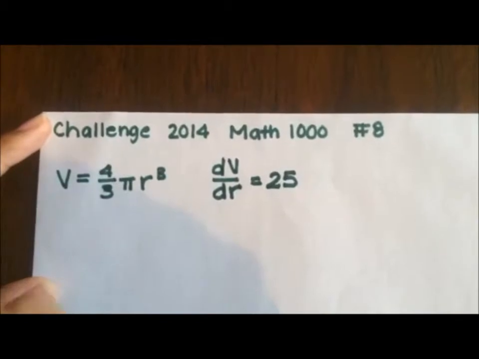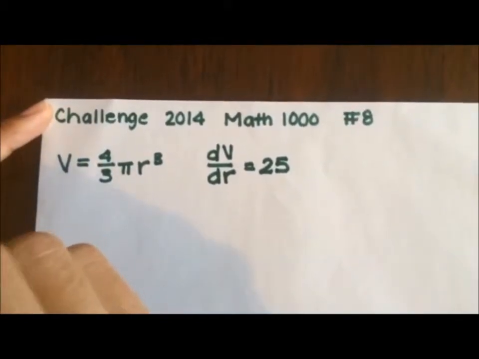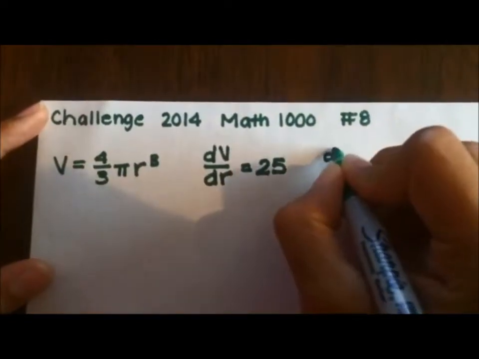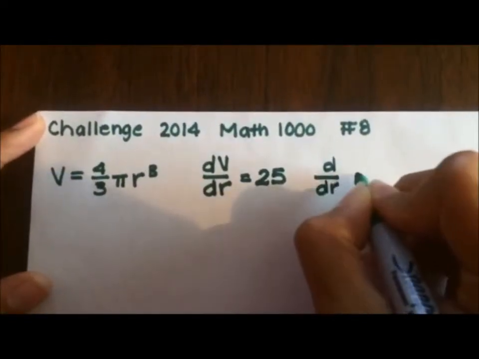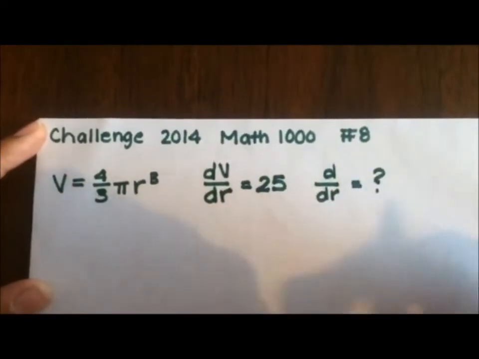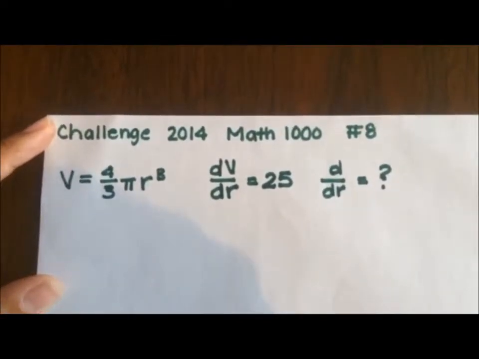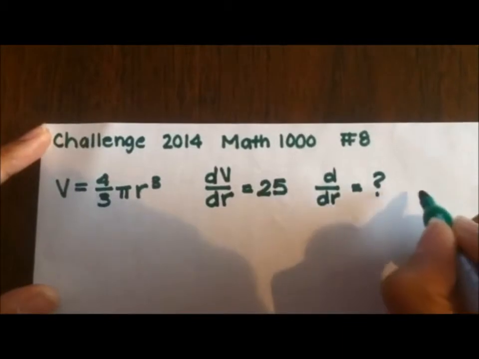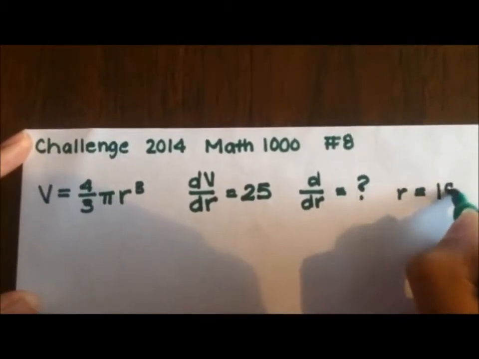Then the question is asking you how fast is the radius changing. So change of the radius is going to be dr/dt, which is what we're trying to figure out. Then they tell us we want to find out how much the radius is changing when r is equal to 18.